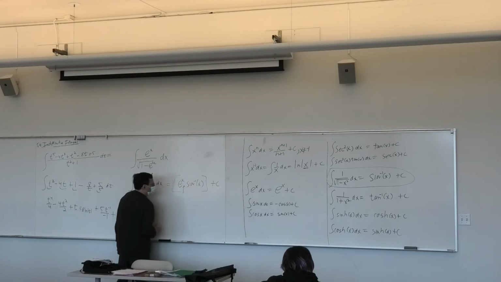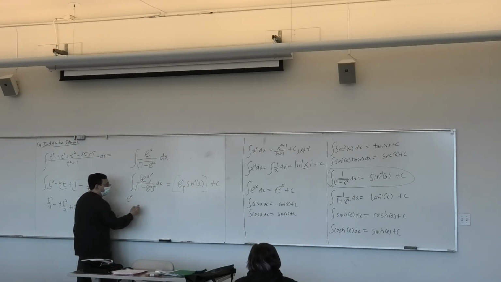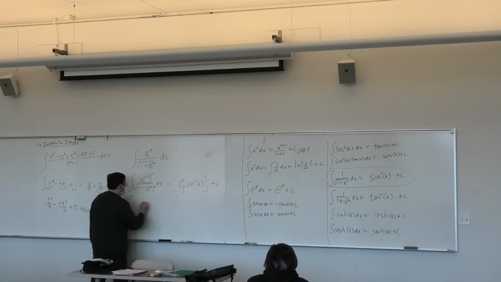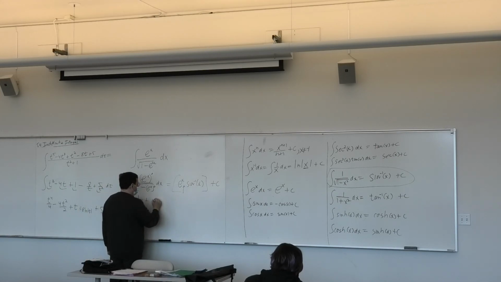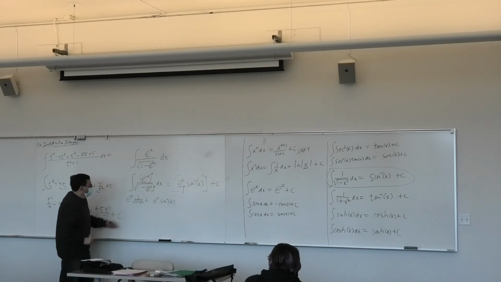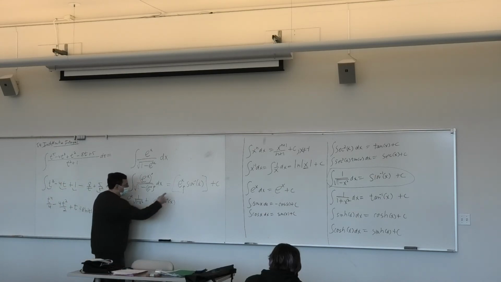Well, we would have to use the product rule, so it would be e to the x times the derivative of inverse sine of x plus inverse sine of x times e to the x. It's not what we wanted, right? So we have to think about it a little more.